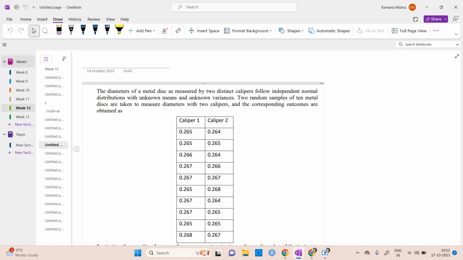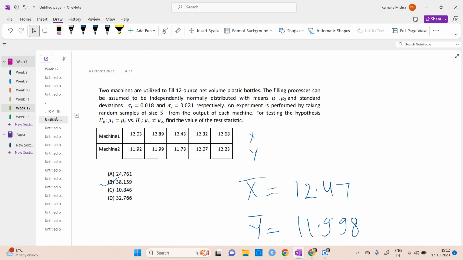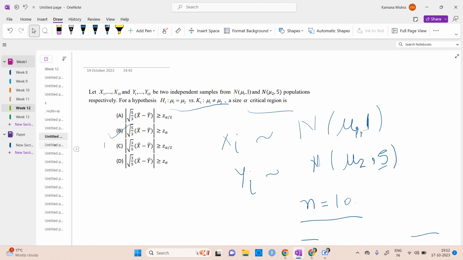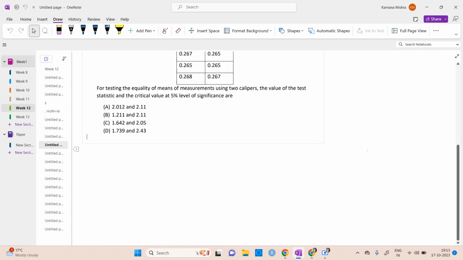So you need to find, okay, so in this question, no, this one. Okay, so in this one you can see sigma 1 and sigma 2 was given, but here sigma 1 and sigma 2 are not given. So that you need to find. So the value of the test statistic we need to find.